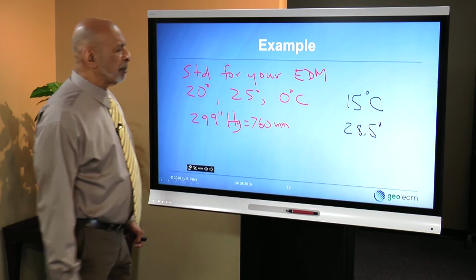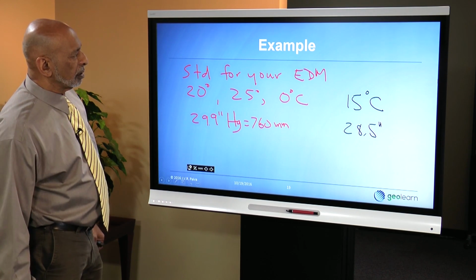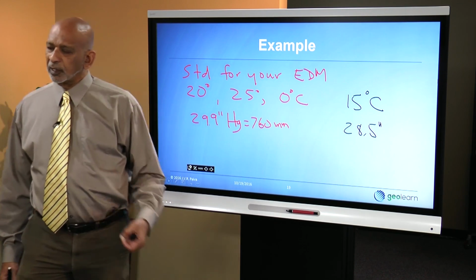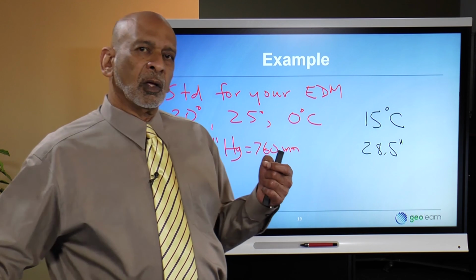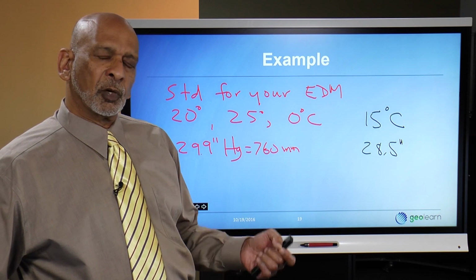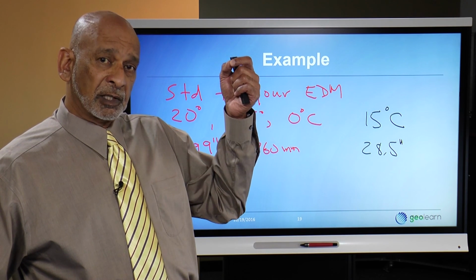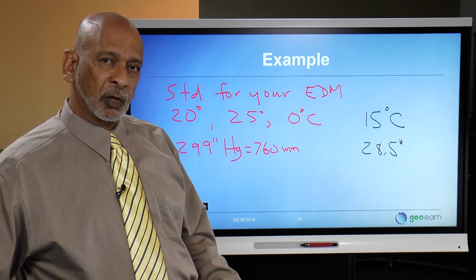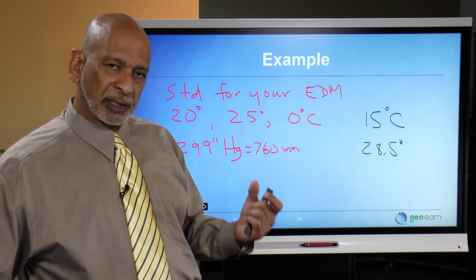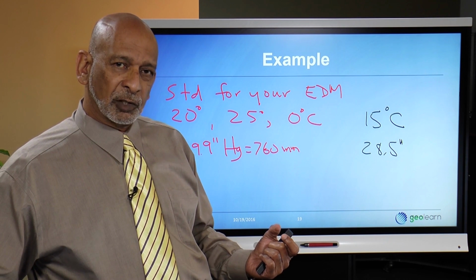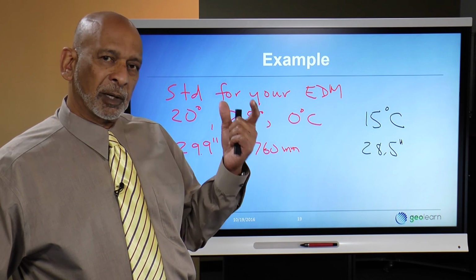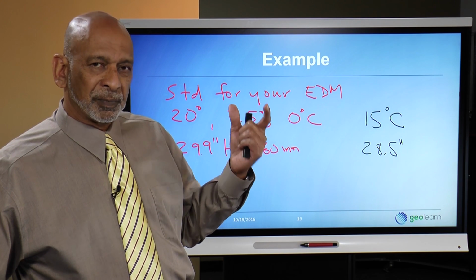What are these impacts on the distance measured? Because you can see that temperature going up and down will cause the air to be thinner if it's up and thicker if it's lower, because air compresses or becomes more dense when it's cold and expands or becomes less dense when it's warm.